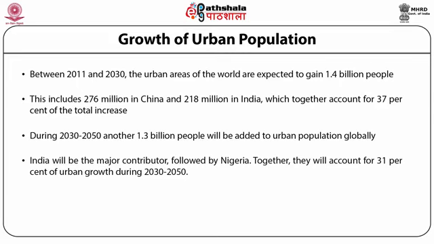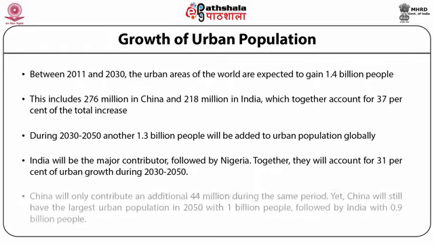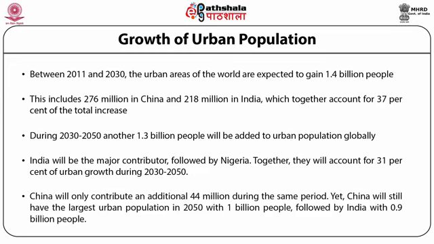Together, these two countries are expected to account for 31% of urban growth during 2030 to 2050. China will only contribute an additional 44 million during the same period. Yet, China will still have the largest urban population in 2050 with 1 billion people, followed by India with 0.9 billion people.